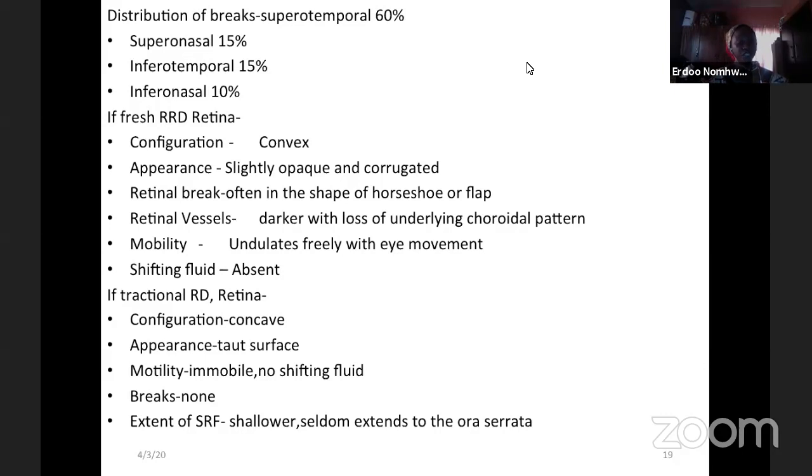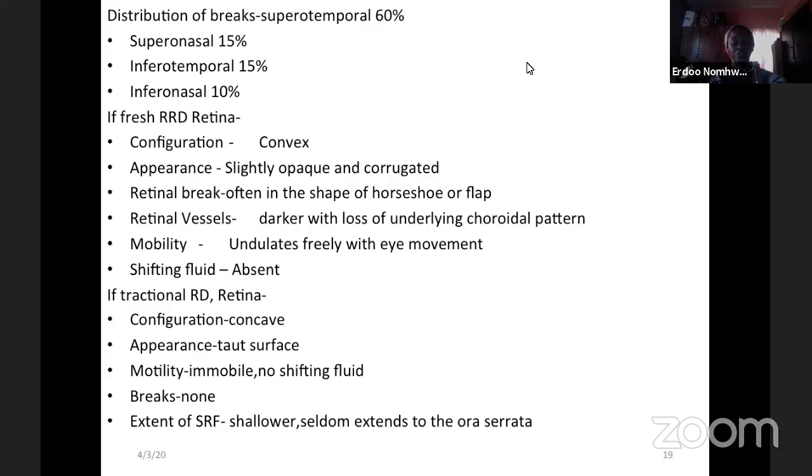So for the fresh rhegmatogenous retinal detachment, the features I would see on the retina will be a convex-shaped retinal detachment that would appear slightly opaque and corrugated from the edema that would have accumulated in the retina.